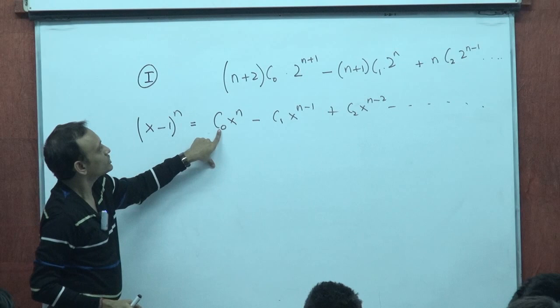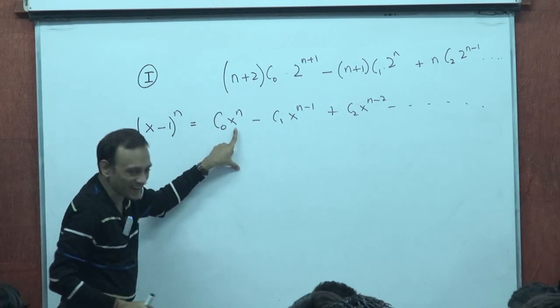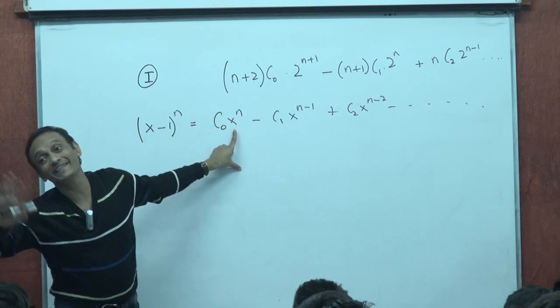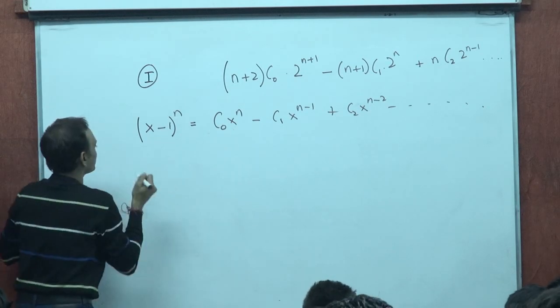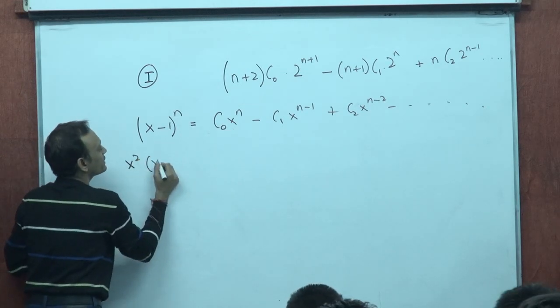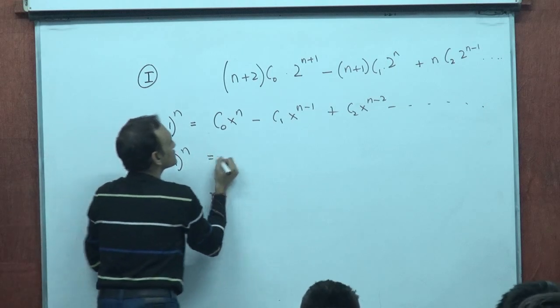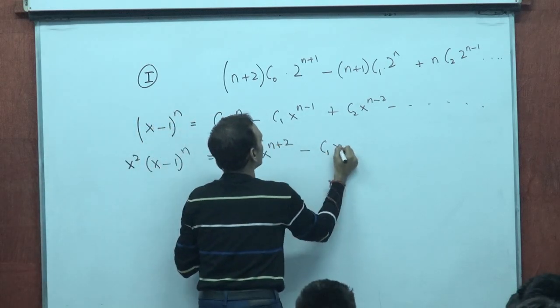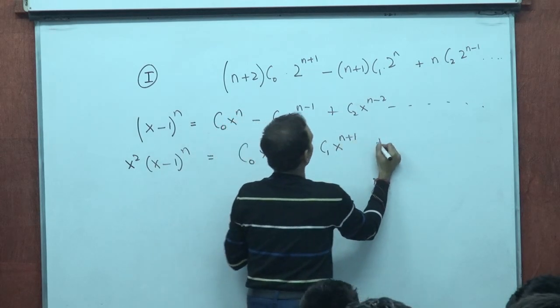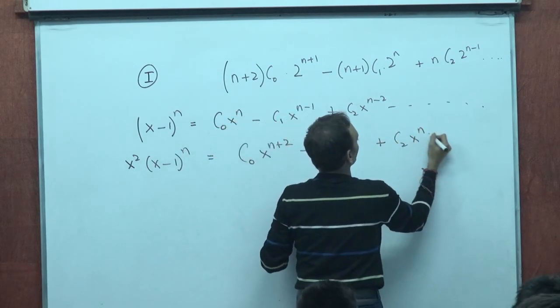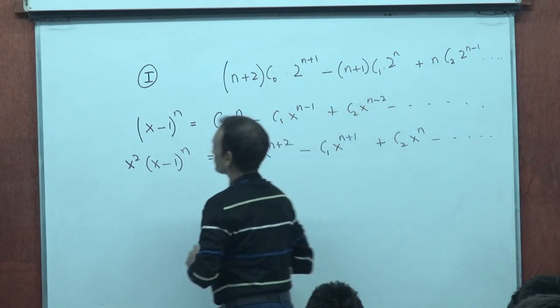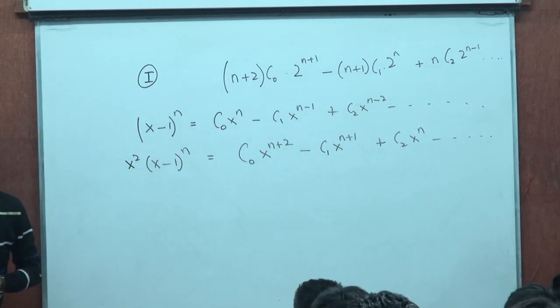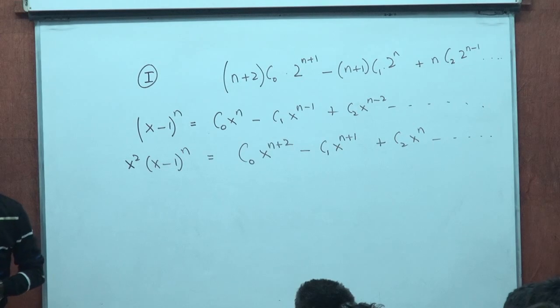Now with C0, I need n+2. So yes, I multiply both sides with x^2 and then, as you would expect, differentiate both sides with respect to x.